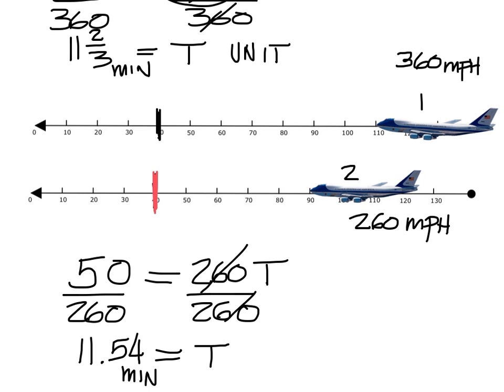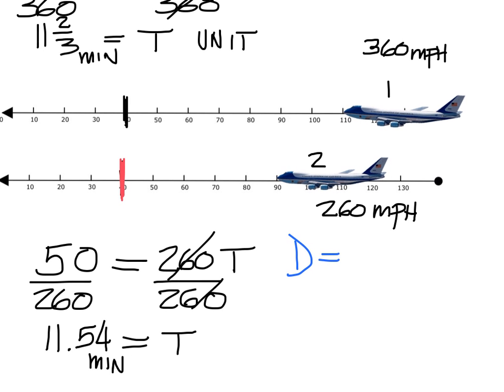Do we have a formula for finding distance? So the distance is what we're looking for. What is the rate that plane 1 is flying at? 360 miles per hour. How long is plane 1 going to be flying in this scenario?